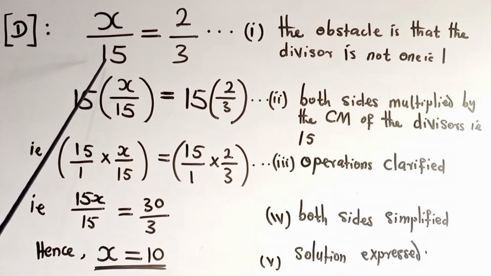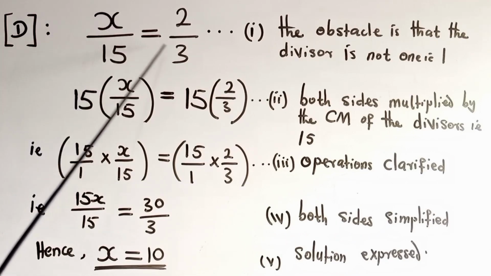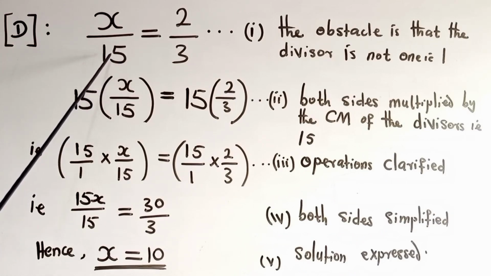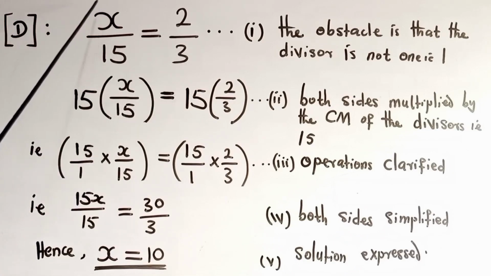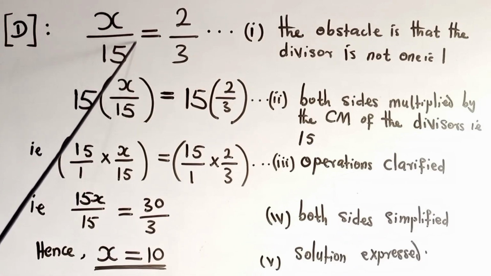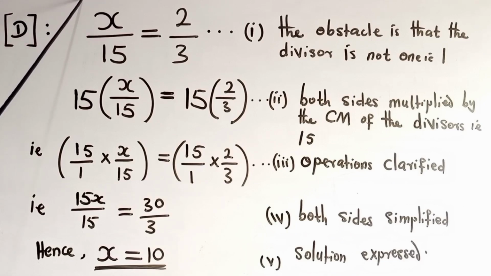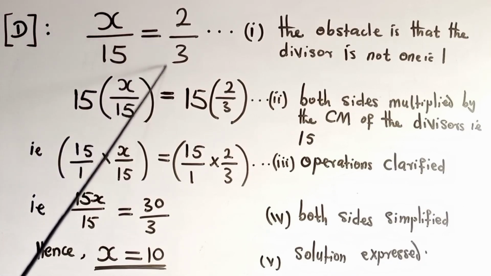Why? Because they are all common multiples of 15 and 3. But for convenience, we prefer using the lowest common multiple. So here, we're going to use 15 as the LCM of 15 and 3. Therefore, this term, x over 15, is going to be multiplied by 15. And this term on the right-hand side is also going to be multiplied by the same 15.